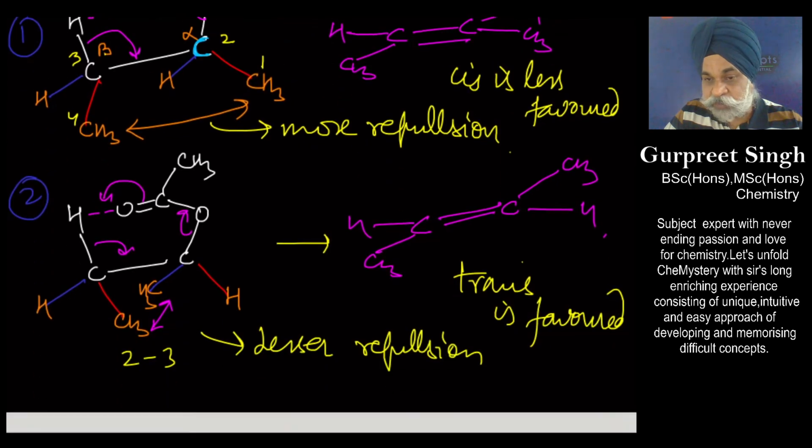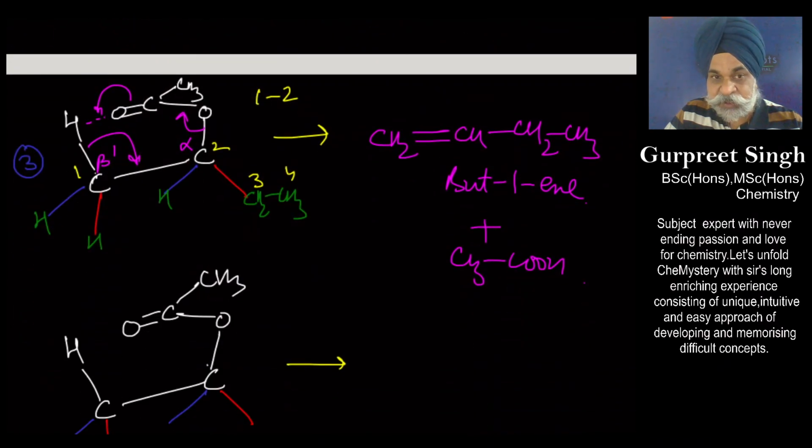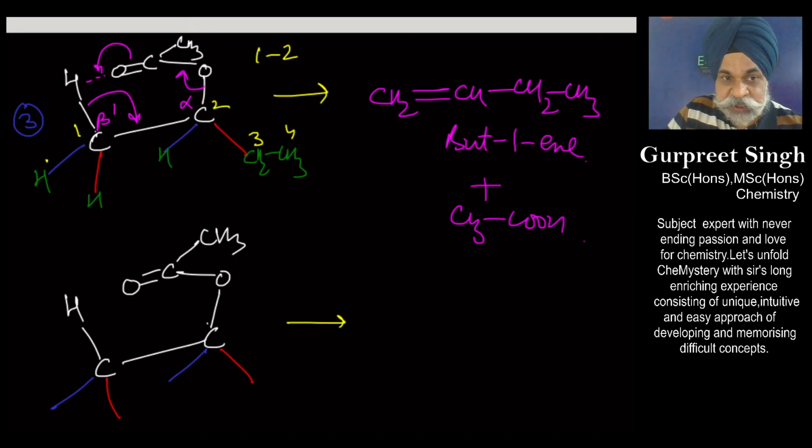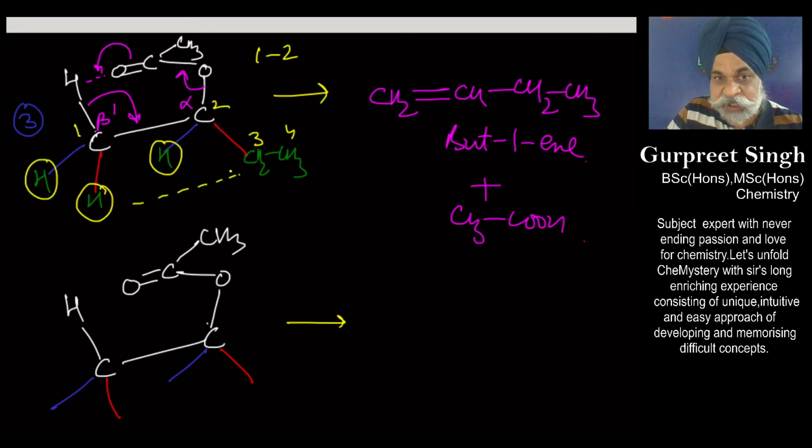Now between but-2-ene and but-1-ene, which is the right answer? Here what you are seeing, this hydrogen is behind the hydrogen. Here the hydrogen is being repelled by ethyl, and the ethyl part, let me show it here, because at times you would feel that this ethyl is a bulky group. No, this again is having a hydrogen and it goes distant apart.